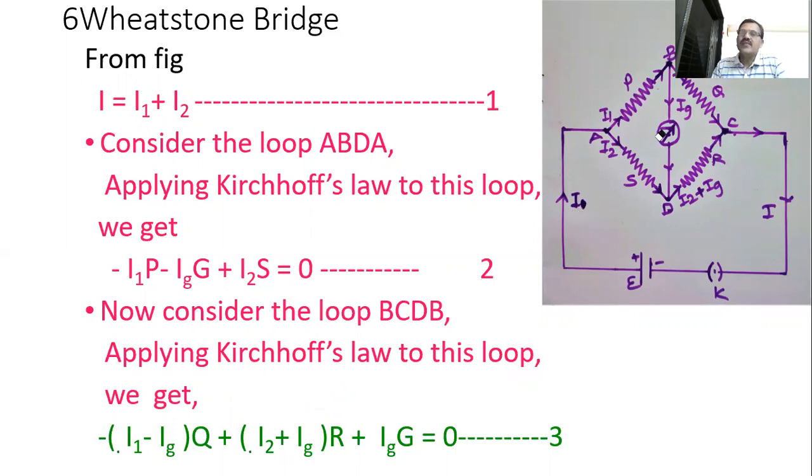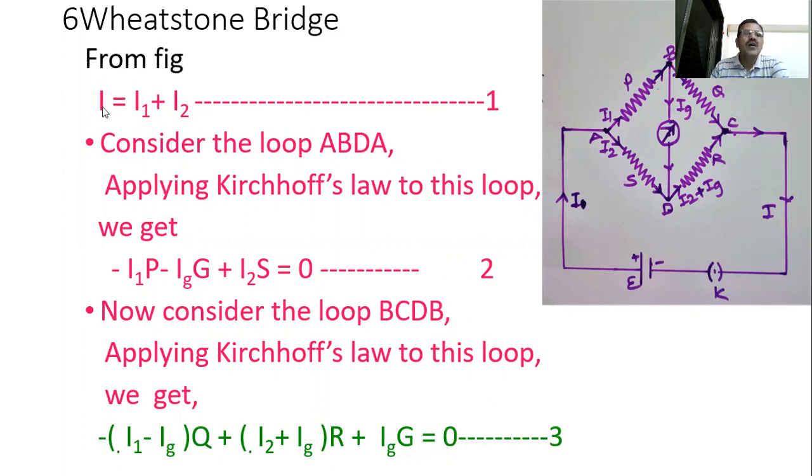The potential difference across this galvanometer will be Ig into G. Therefore, we get the equation: minus into bracket I1 minus Ig into Q plus I2 plus Ig into R plus Ig into G is equal to 0.